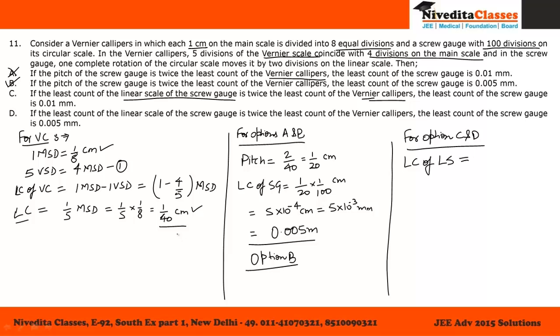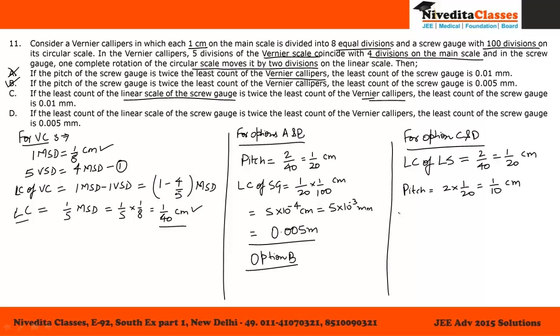Our vernier caliper least count is 1 by 40, so it is 2 divided by 40, and again it will be 1 by 20 centimeter. So this is our least count, and as we know that one complete rotation of the circular scale moves it by 2 divisions, our pitch will be equal to 2 into 1 by 20, which is actually 1 by 10 centimeter.